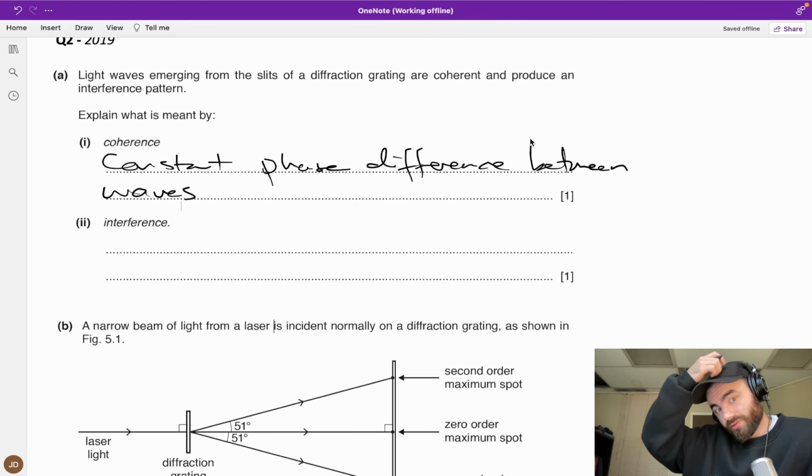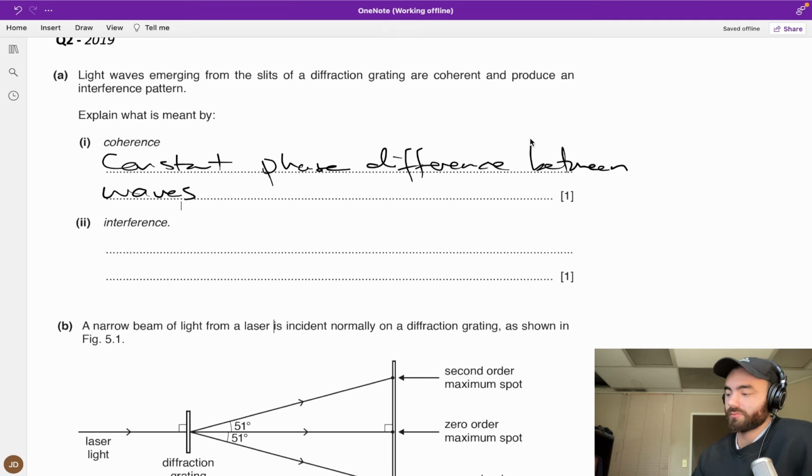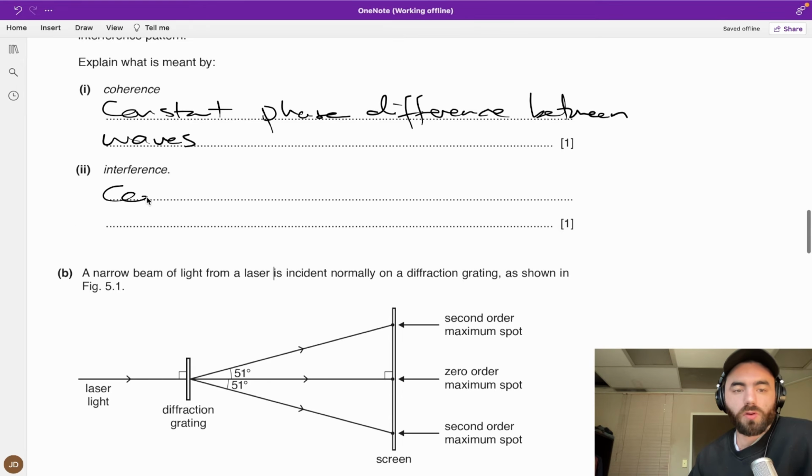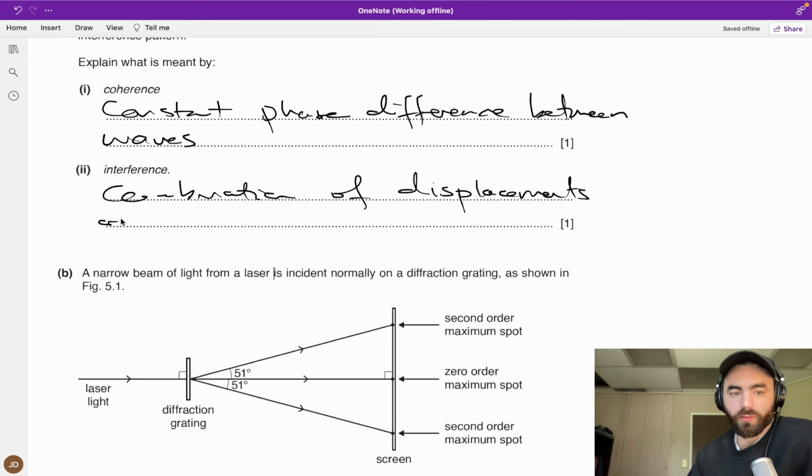This is already a coherent source. So interference is just the combination of displacements of overlapping waves.